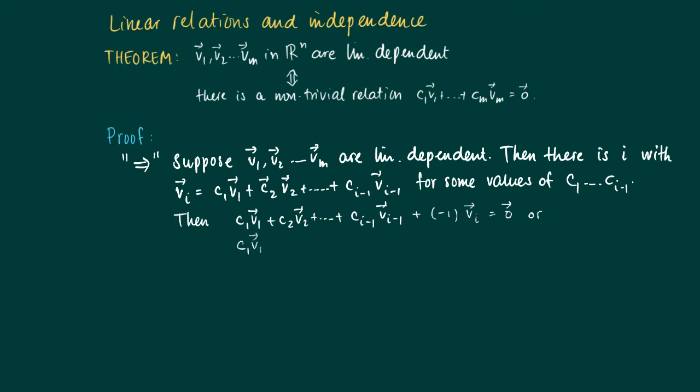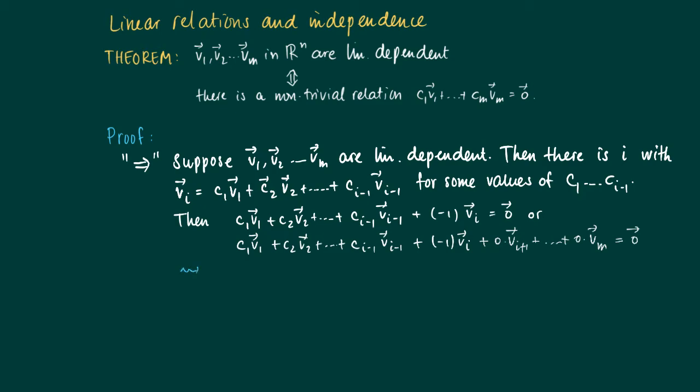Well, now we have here a very special non-zero, non-trivial linear relation, because c1 v1, etc. plus ci minus 1 vi minus 1 plus minus 1 times vi, so here is the non-zero element, and we can add the other vectors vi plus 1 and onward by just using zero scalars.